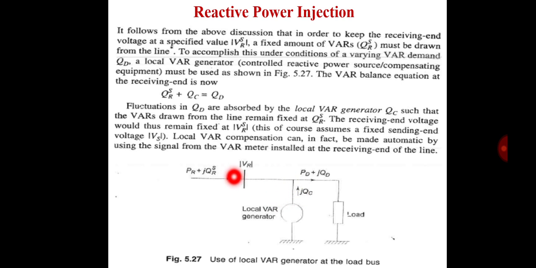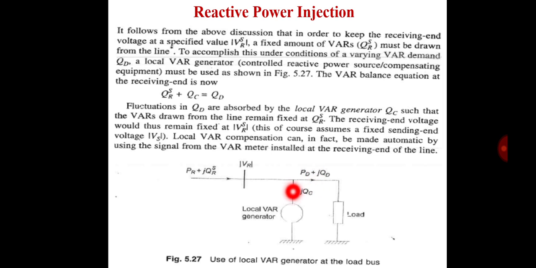This system is automatic. Local VAR compensation can be made automatic by using the signal of the VAR meter, and the VAR meter is connected on the receiving end side.